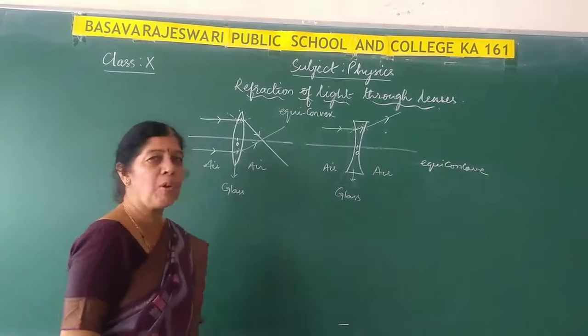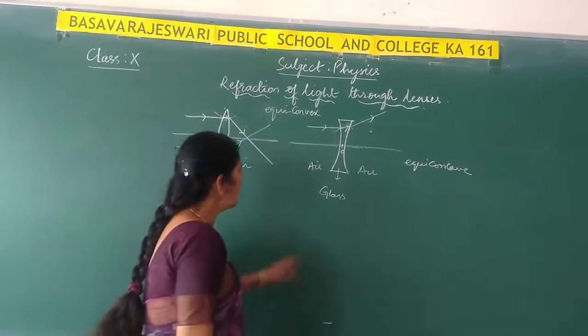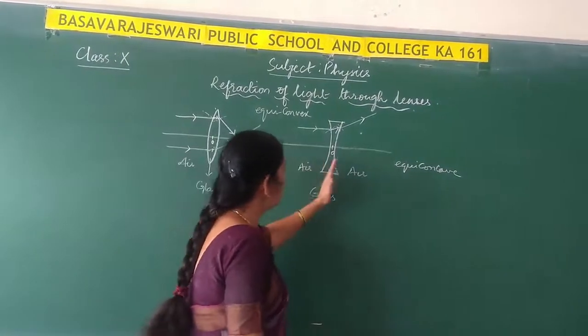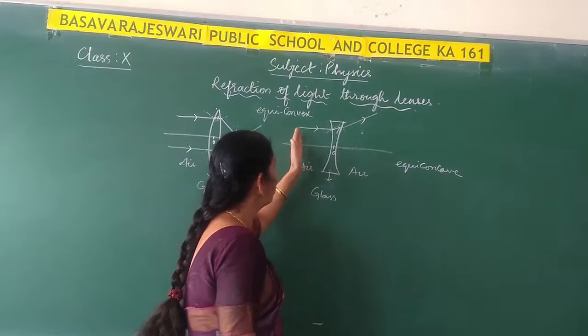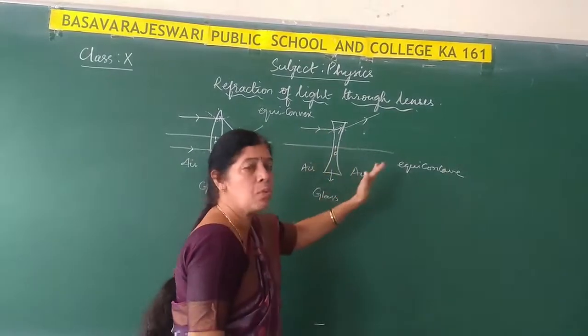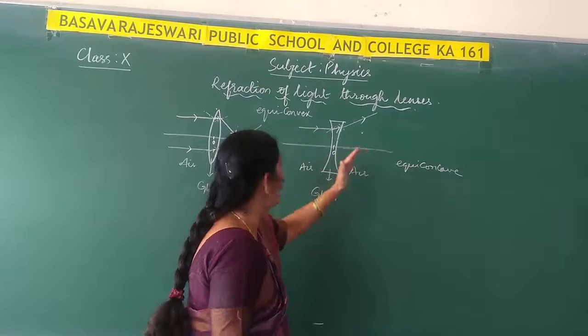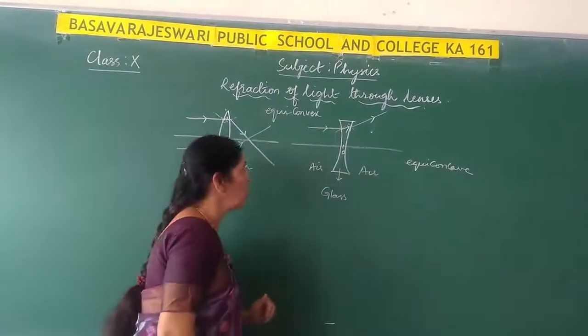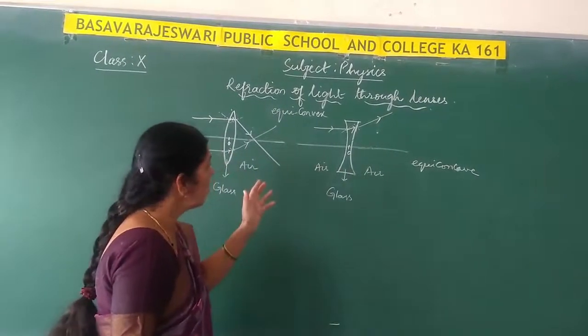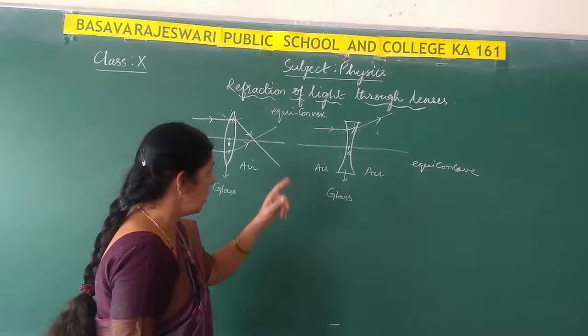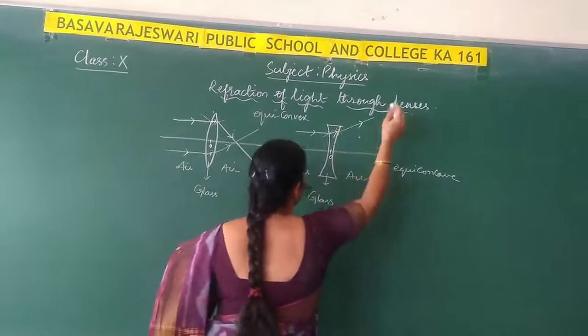So even in case of concave lens, the light ray first enters from air to glass, then from rarer to denser medium it bends towards the normal, and again from glass to air it bends away from the normal. So here you can observe that the emergent ray is getting diverged.